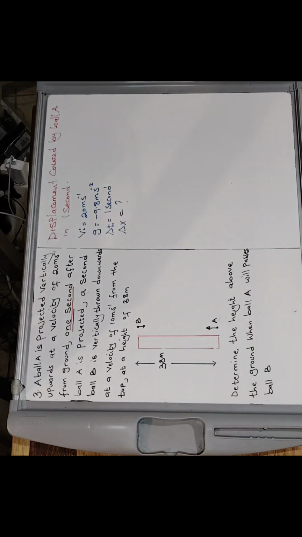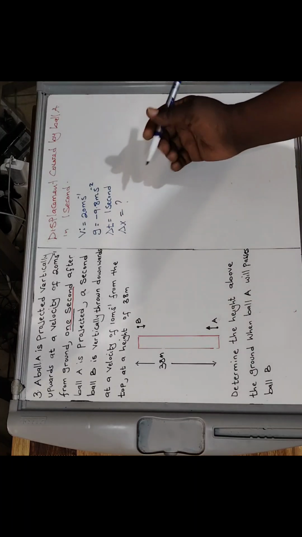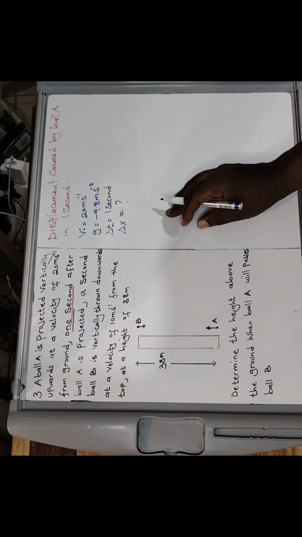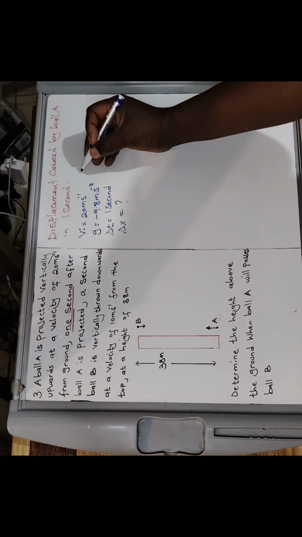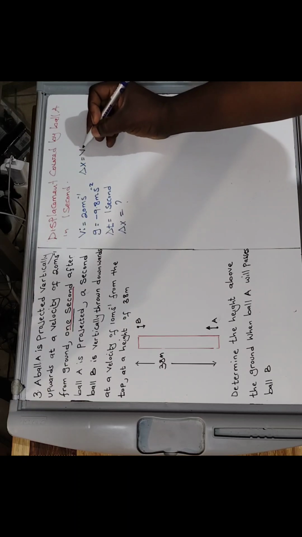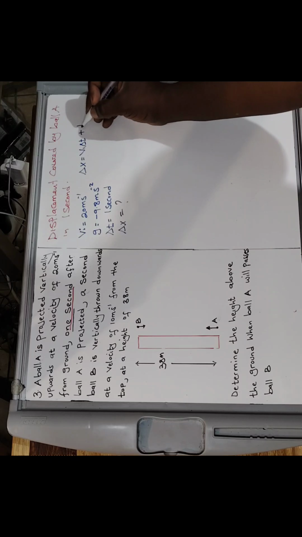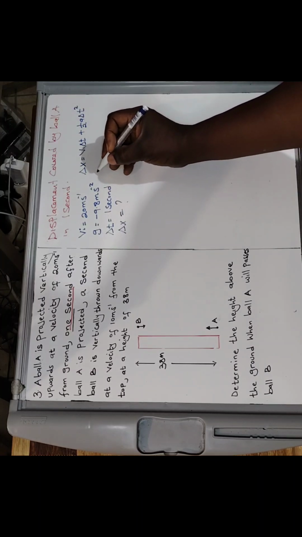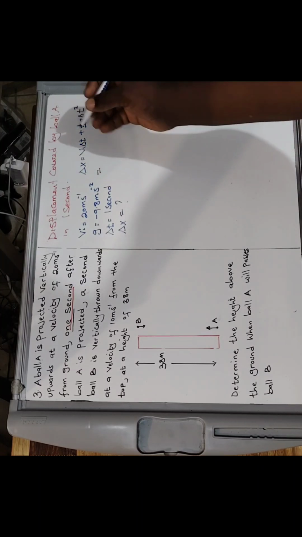So when you look at this data, what equation does it give you? It gives you the third equation, which says displacement is equal to vi delta t plus a half a delta t squared. So what does that mean?